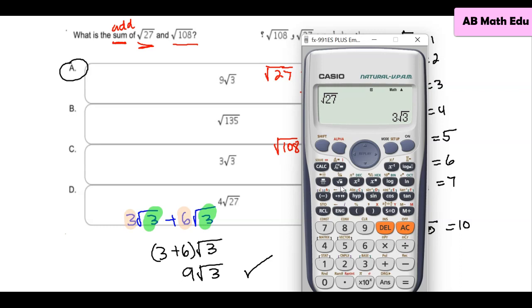And then you do it again with 108, that gives you 6 root 3, and then you add it, and that will give you that. And as a matter of fact, you can even do it straightforward here. Square root of 27, you push it aside, you add it to root 108, and then equal, boom, that gives you the answer. So that's another way.